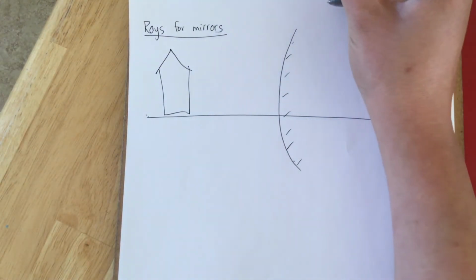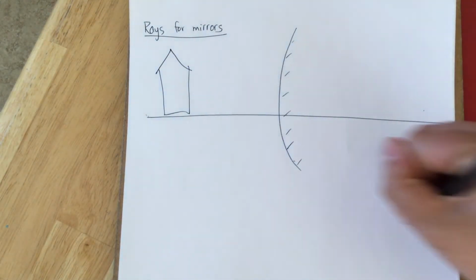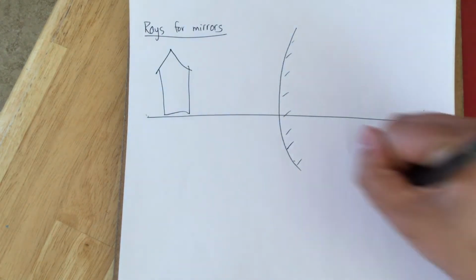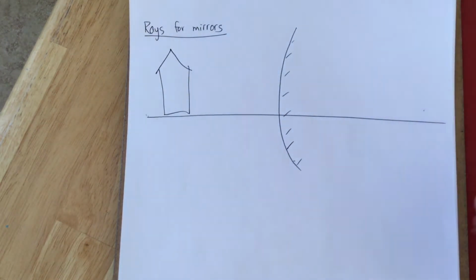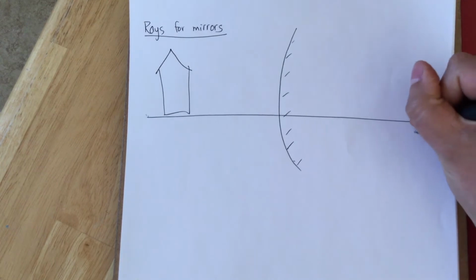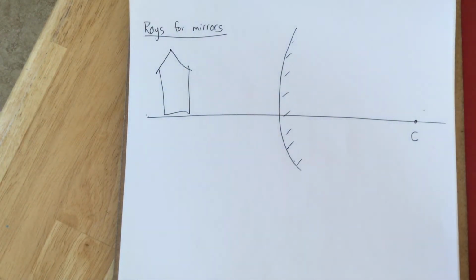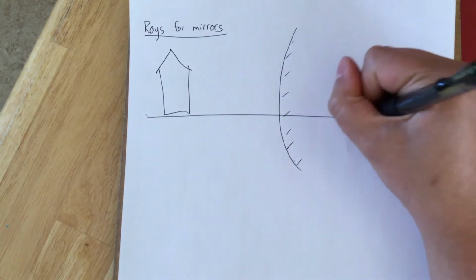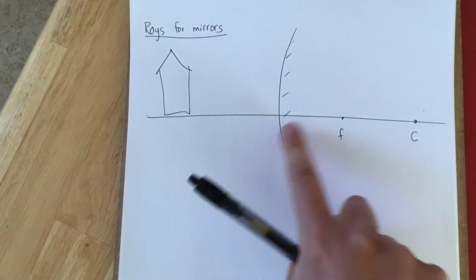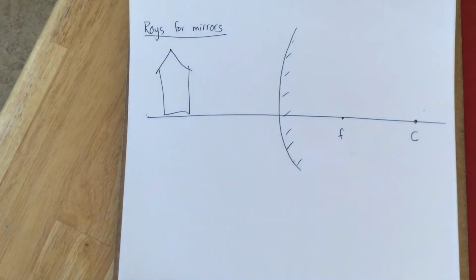Okay? For a mirror, the center of curvature is referring to the center of this circle. Imagine I drew this out as a big old circle. So the center of curvature is over here. And the focal point is twice. There's two focal points per one center, one radius of curvature.